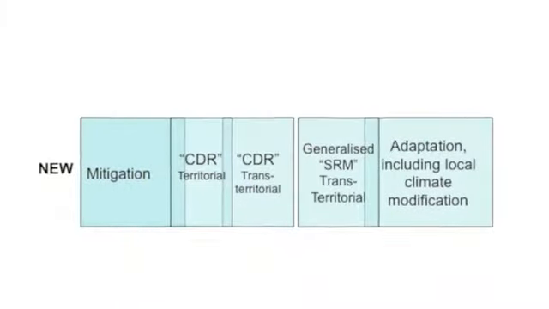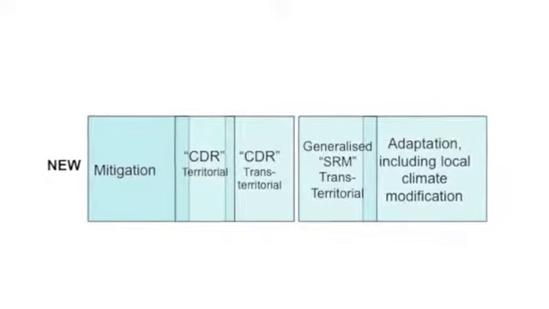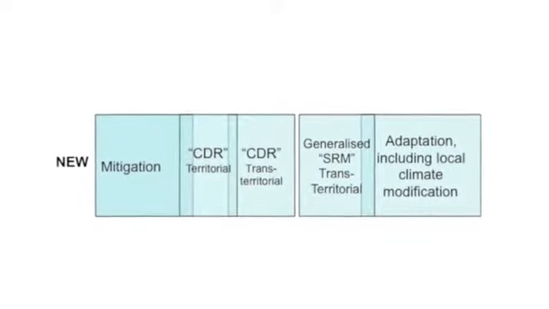So as part of the U-Trace project, we've started to think of a new and better classification of the different policy responses to climate change, and we've come up with 5 different categories of options. The first one would be to restrict mitigation to emission reduction, and then have all the more benign forms of carbon dioxide removal as a second class of options, and separate that from the more aggressive forms of carbon dioxide removal, which would form a third category.